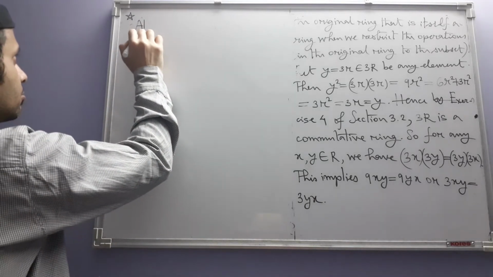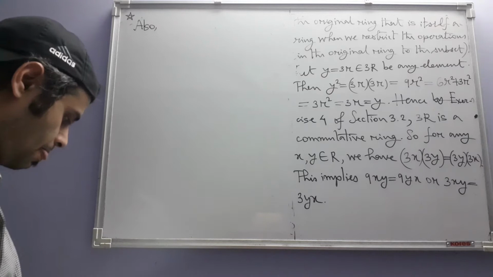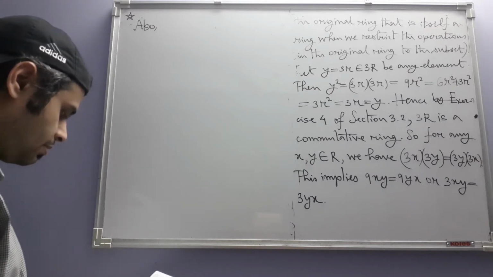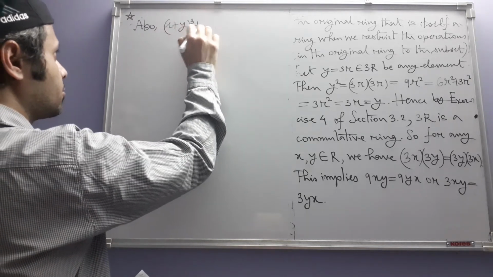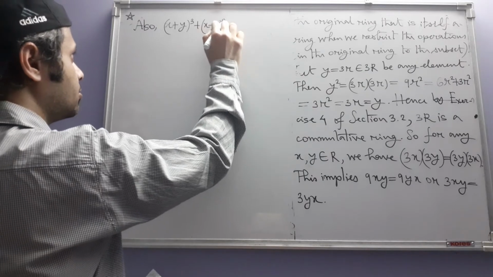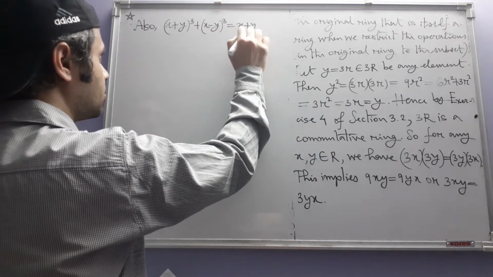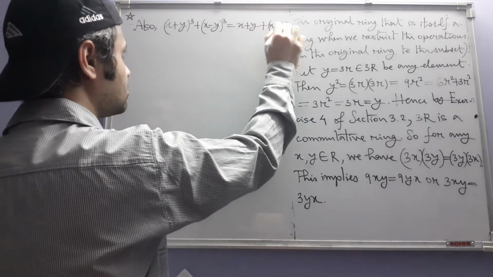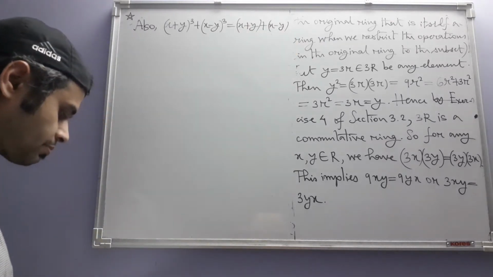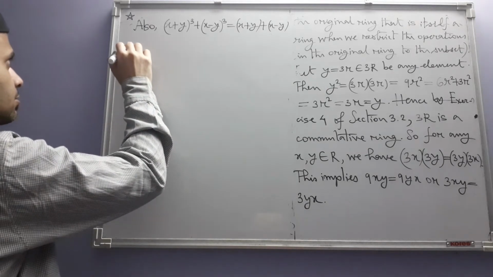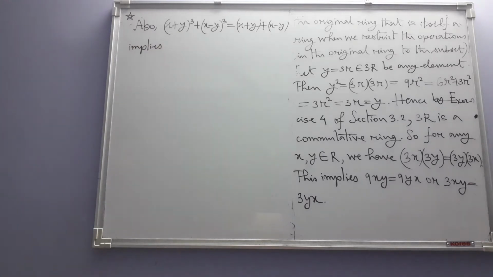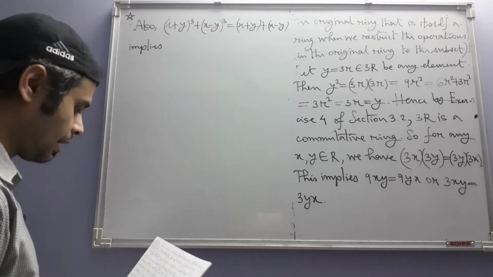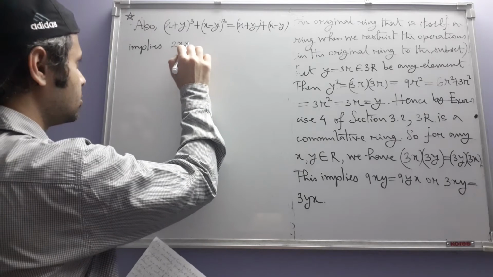Also, (x plus y) whole cube plus (x minus y) whole cube is equal to (x plus y) plus (x minus y), and this implies, expanding all the powers and doing all the cancellations, after everything is done, ultimately we have an expression like this.